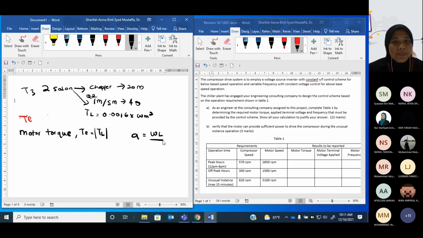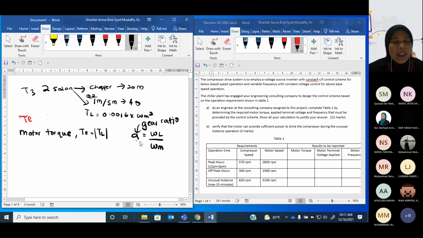Omega M. Omega L over omega M, kan? This is your gear ratio. Okay? But in this case, cuba tengok on the question paper, omega L is already given to you and the motor speed also already given to you, which is at peak hour, off peak hours and unusual instance.